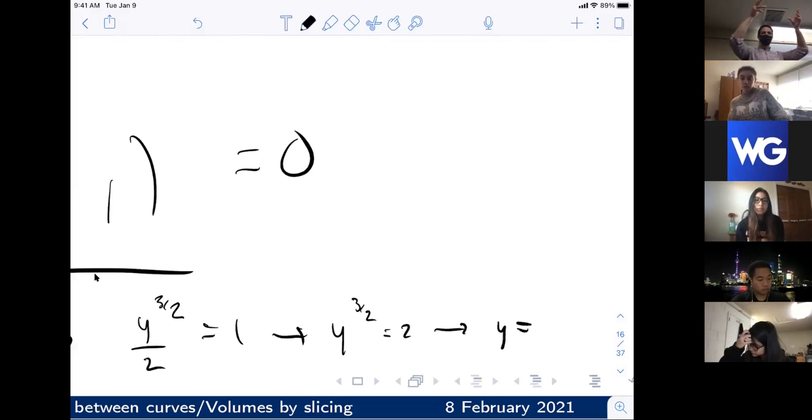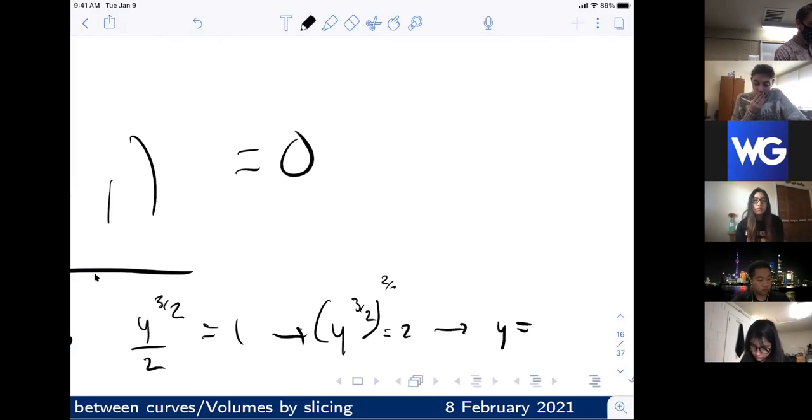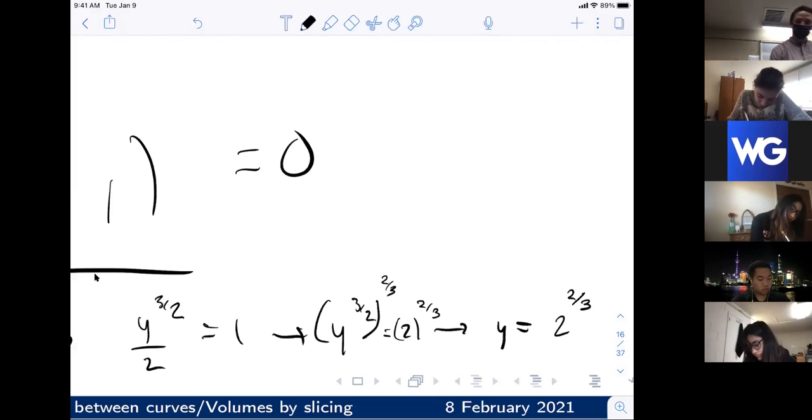I take it to the 2/3 power, right? Yeah, very good. So I take both sides to the 2/3 power. So y is equal to 2 to the 2/3. So that's where these curves intersect in terms of y.